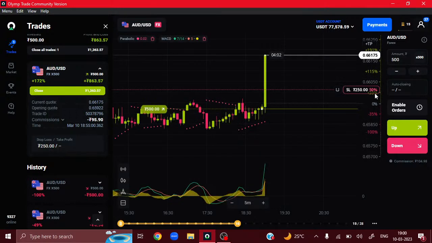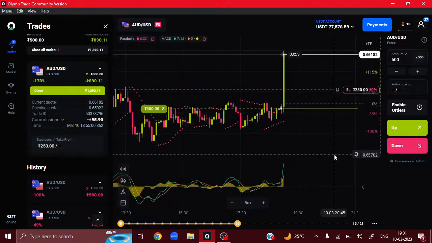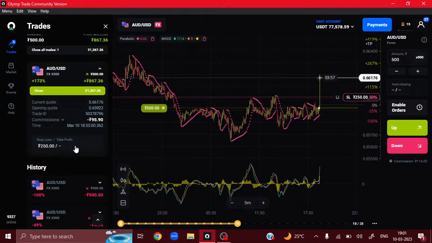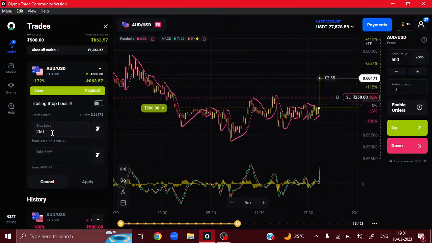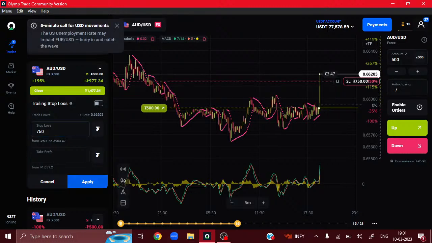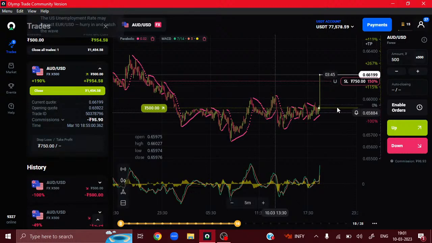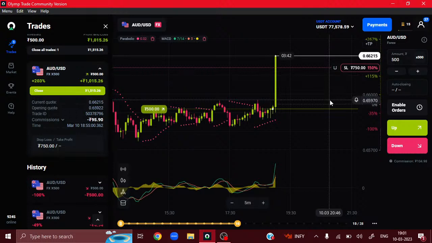We are now trailing the stop loss, guys. Okay, 150 now, 50 now, so that at least we are getting the profits here. Okay, going good as of now.